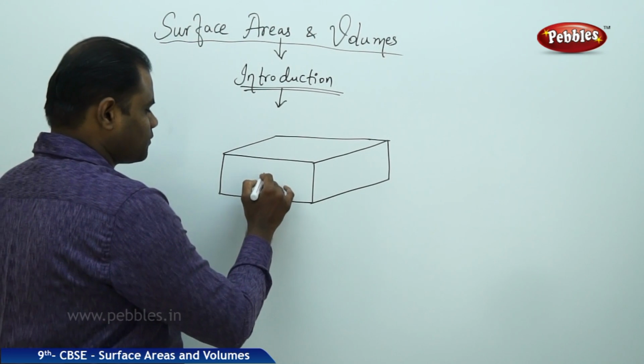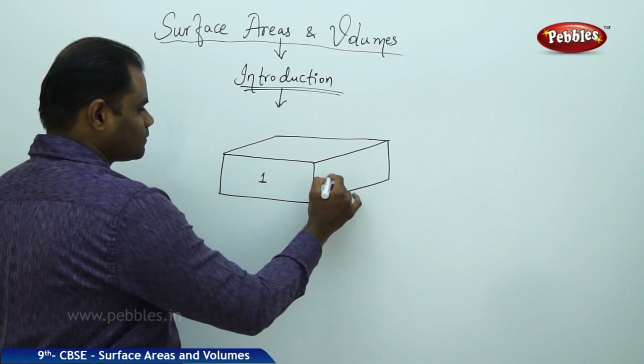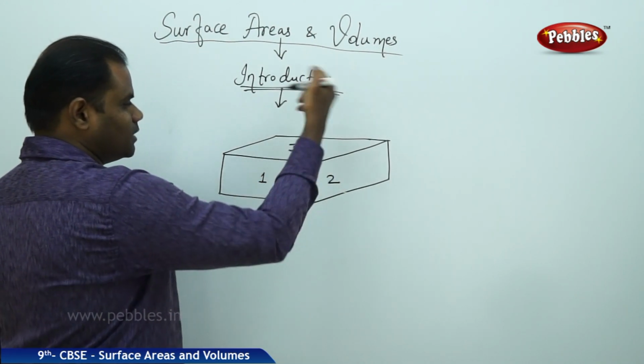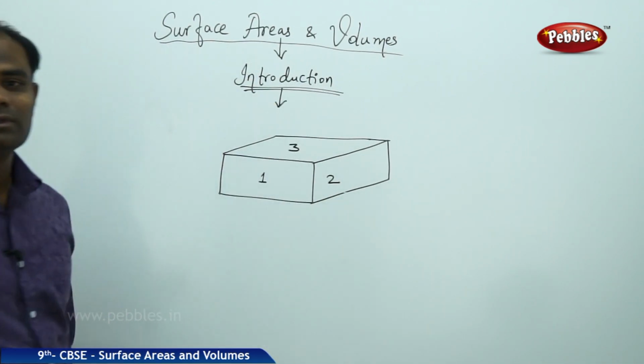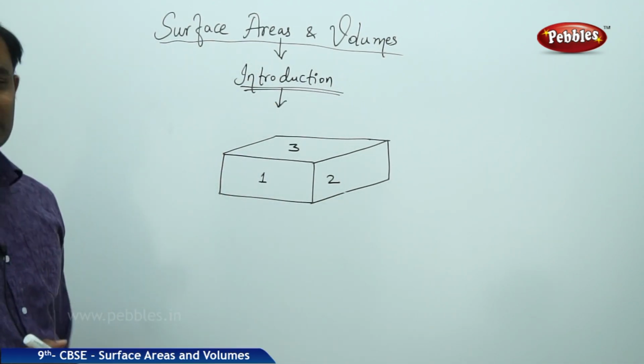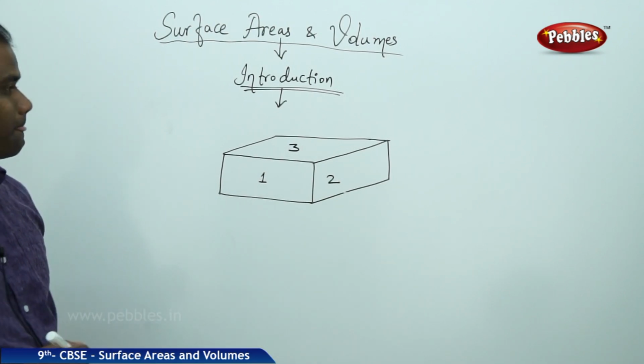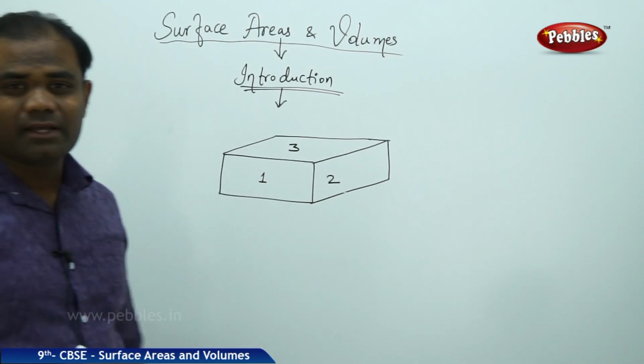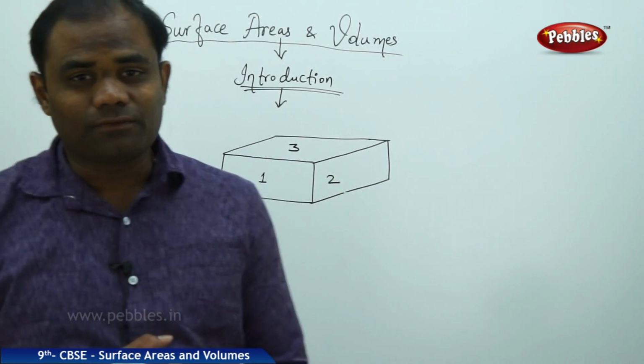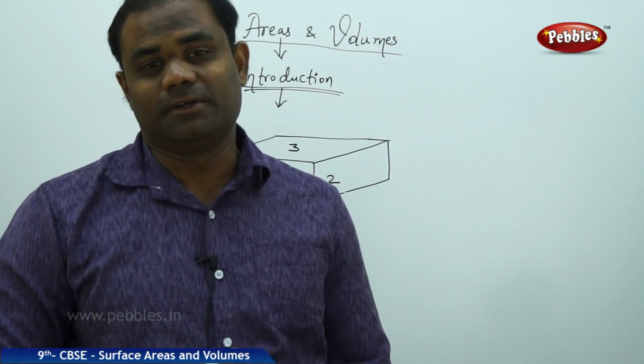Now there are totally 6 faces: face 1, face 2, face 3, 4, 5 and 6 down. Each of the faces has its own area, assumed to be a rectangle. So surface area is the area of each face of the solid figure.